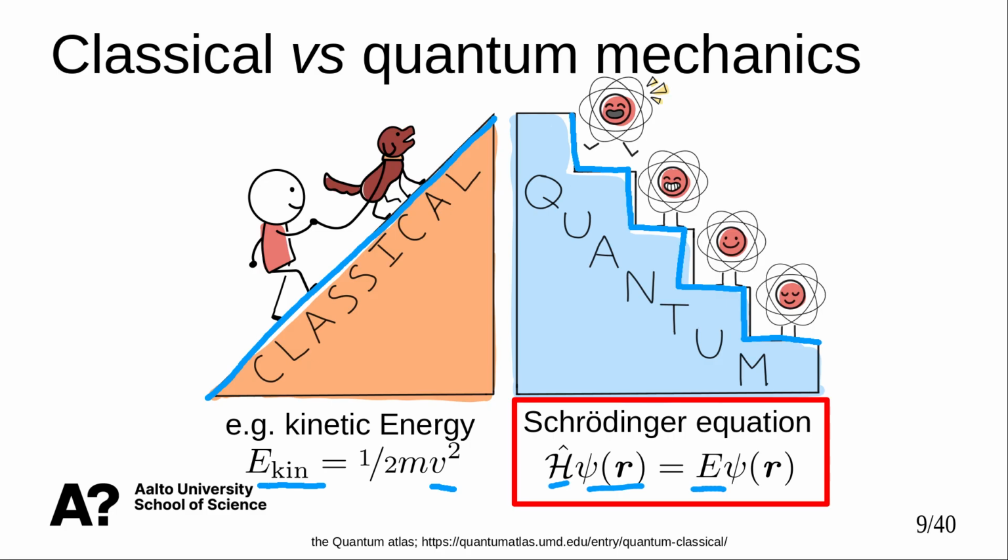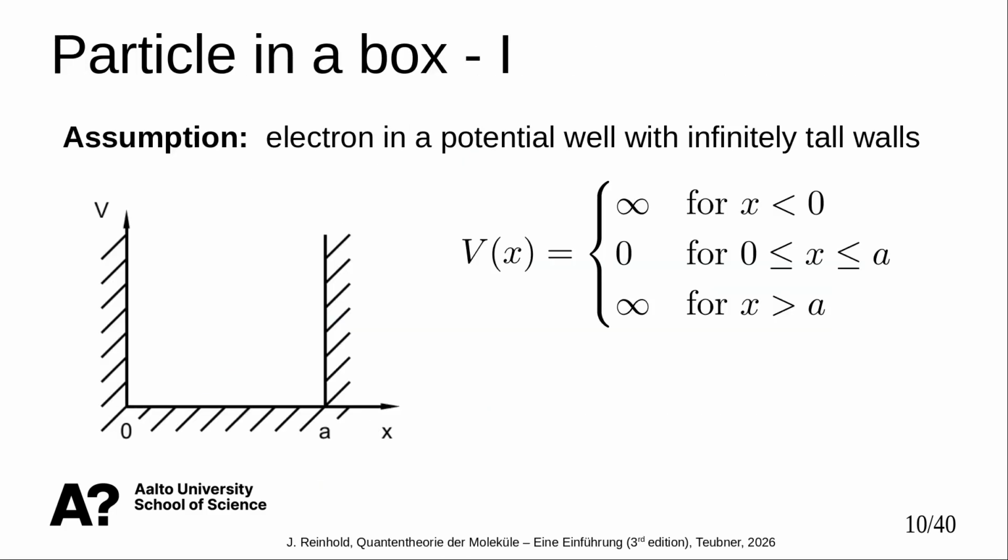But let's start with a simple case where we can actually solve it to get an understanding of how to use the Schrödinger equation. And the simplest case is the particle in the box. If you have not done that, I would highly recommend everyone to solve the particle in the box.